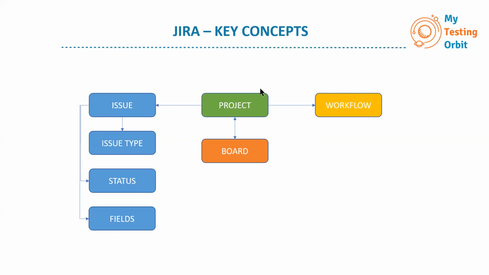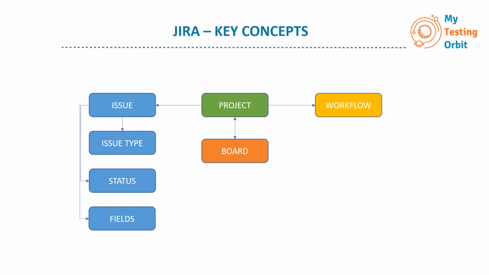Okay, then comes the workflow. A project has one or more workflows. A workflow basically controls which statuses an issue may transition between, and what the roles are for those transitions. For example, we just discussed the issue type which is a bug, and how the status would be different.